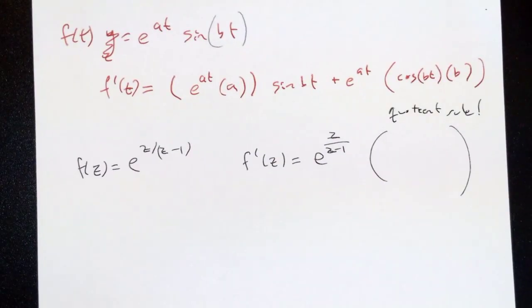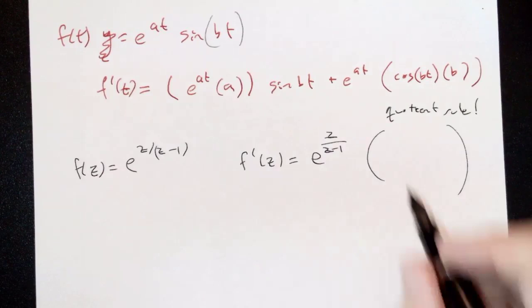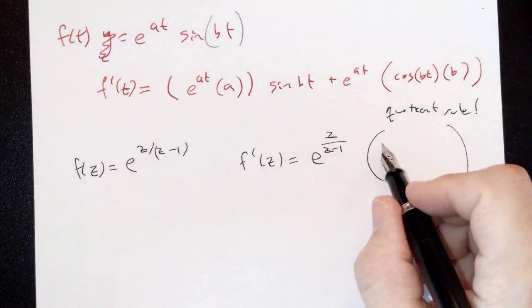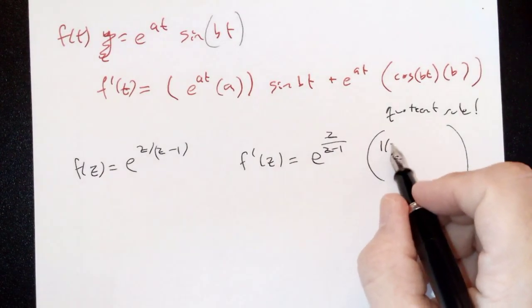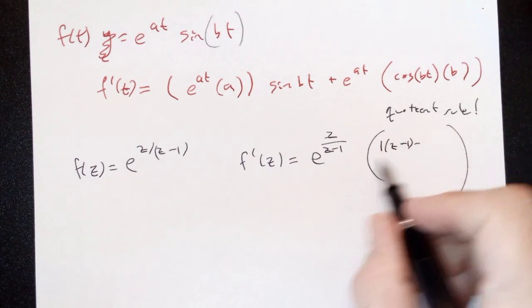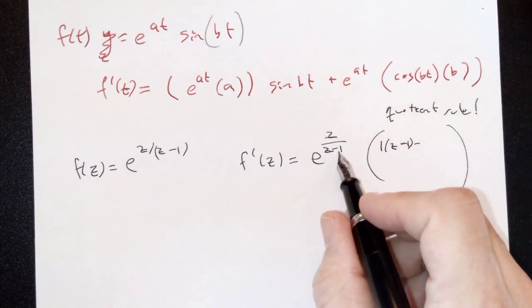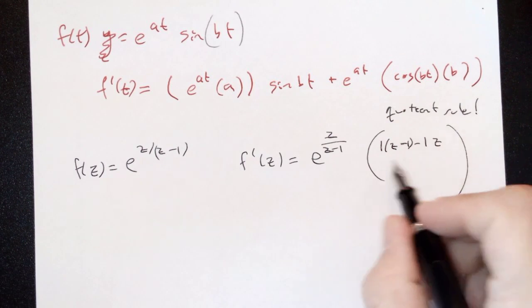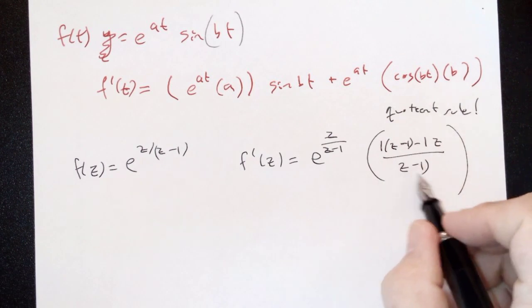Fortunately for me, my quotient rule here is fairly straightforward. What's the derivative of the top? 1, leave the bottom alone, minus derivative of the bottom times the top, over the bottom squared.